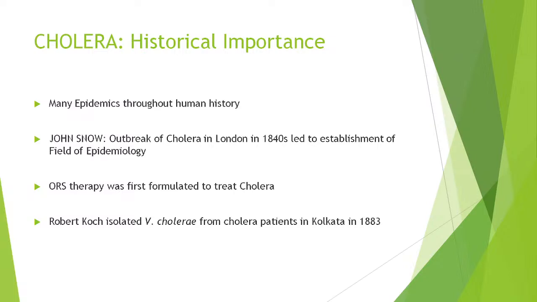Then ORS therapy, the ORS that we now use for any kind of diarrheal illness, was also initially formulated to treat cholera. What is ORS? What is the full form of oral rehydration sachet? Okay. And then Robert Koch isolated Vibrio cholerae from cholera patients for the first time, identified in 1880.